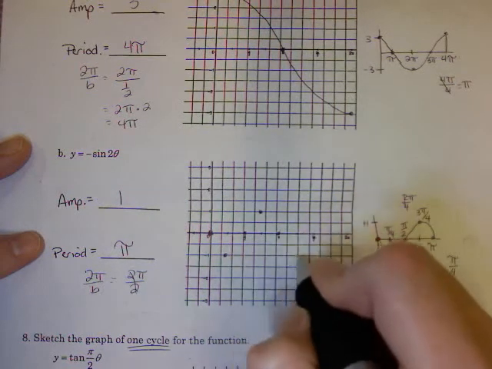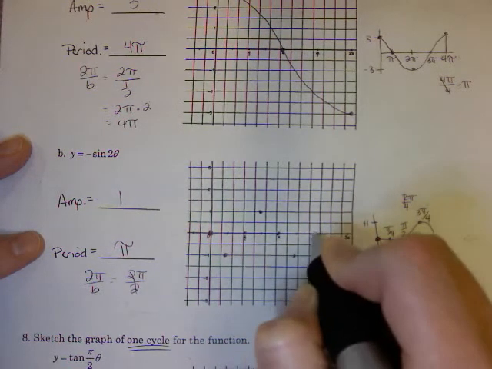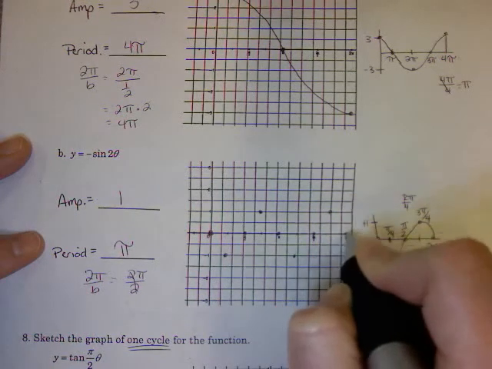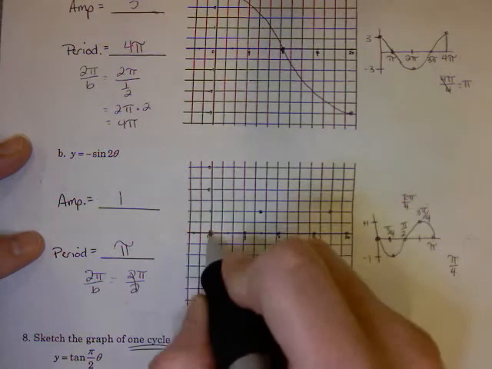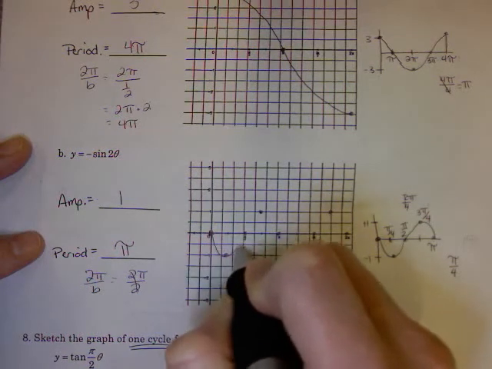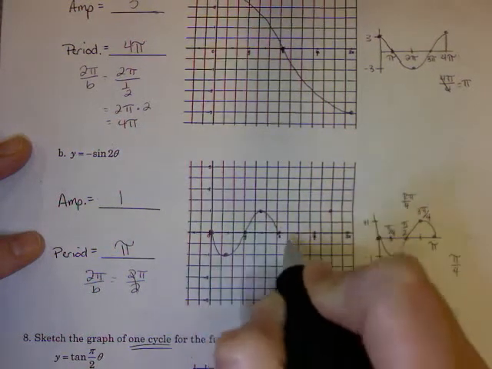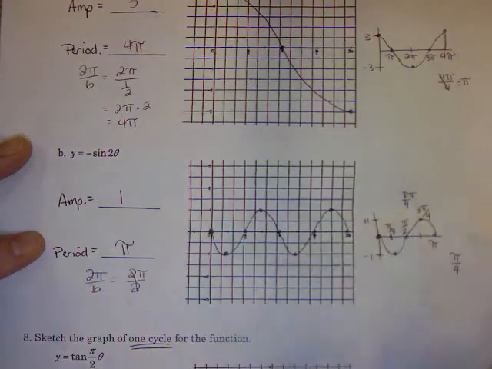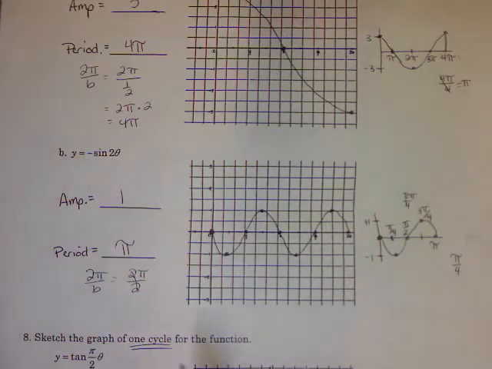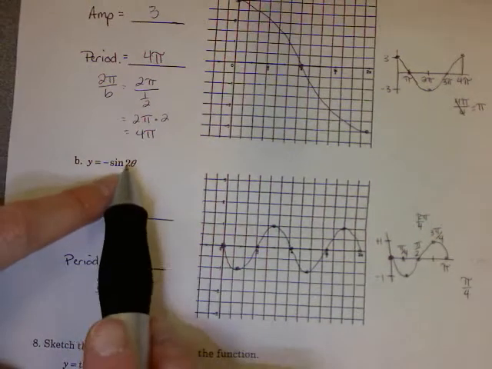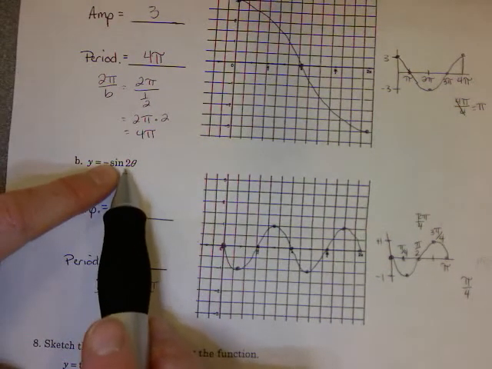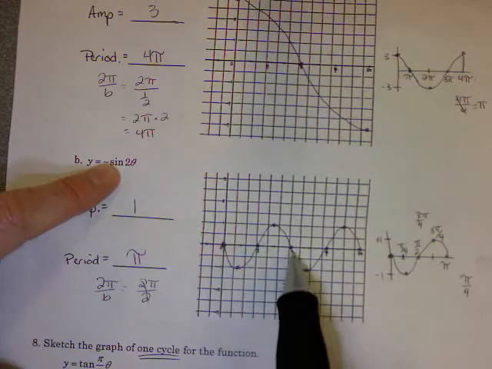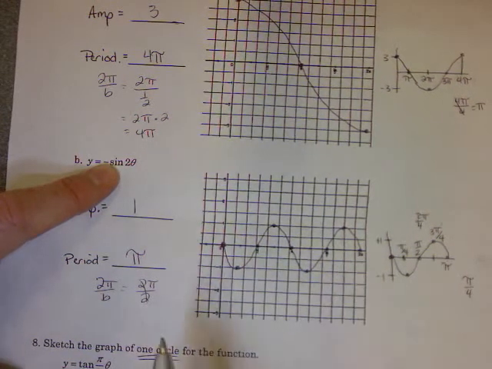Then we just continue the same pattern to the next points because we want to finish between 0 and 2 pi. Then we just sketch the curve, and we're done at 2 pi. We're supposed to see two full cycles between 0 and 2 pi, and you can see that we do. So that's right.